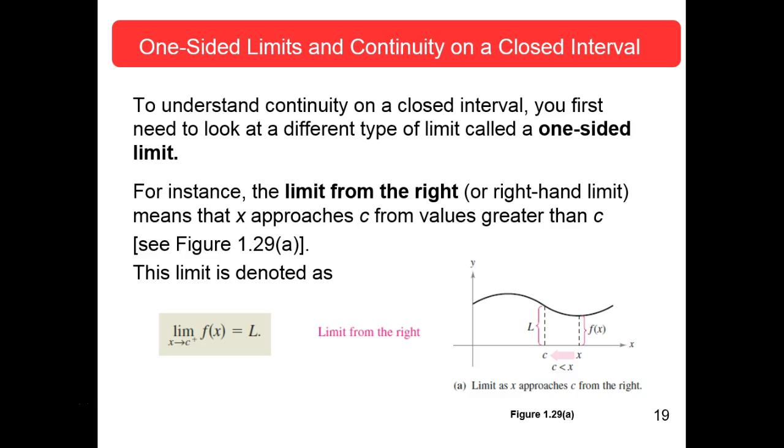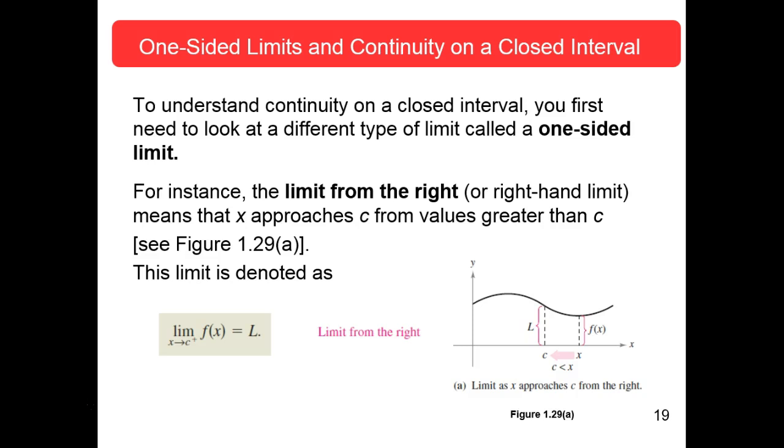This limit is denoted by the limit as x approaches c from the positive side of c, c may be negative, but from the plus side of c, of f of x, if that limit exists, then it's given as whatever the value is, L.